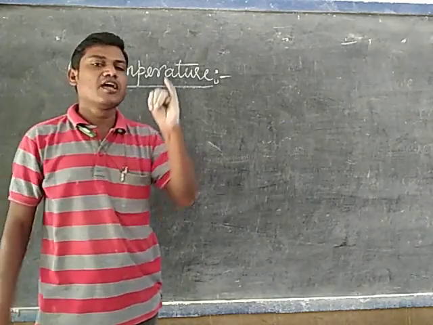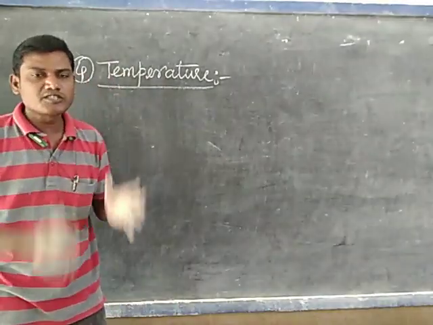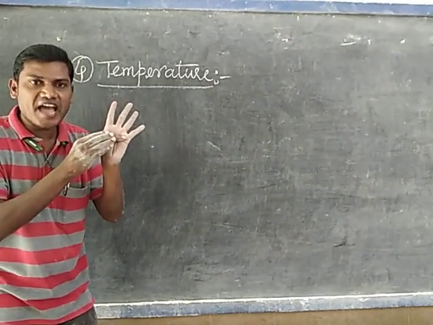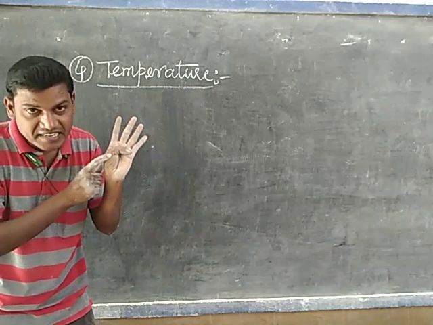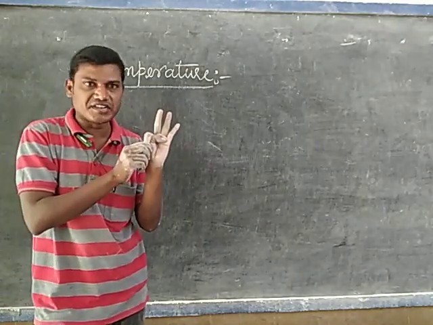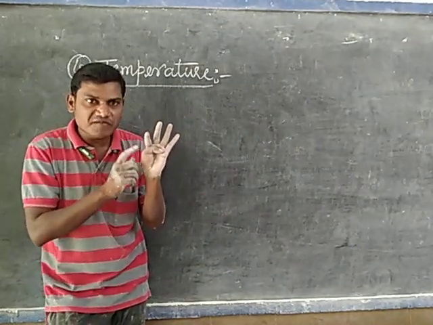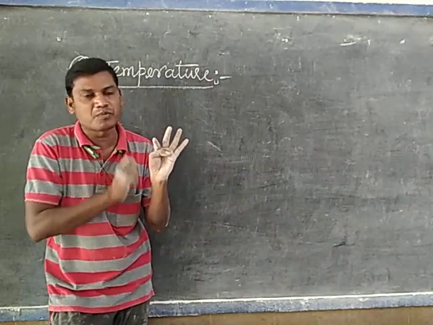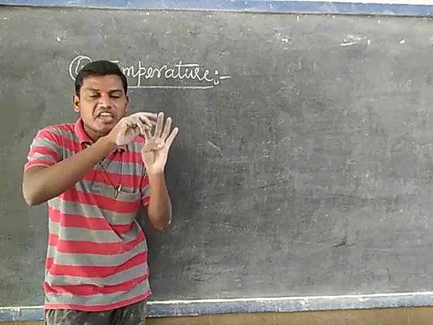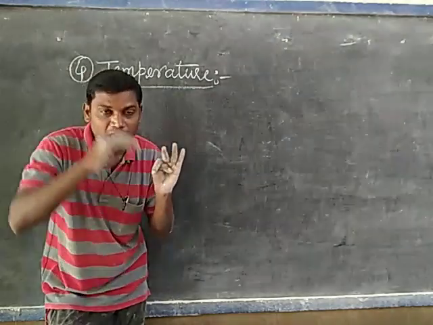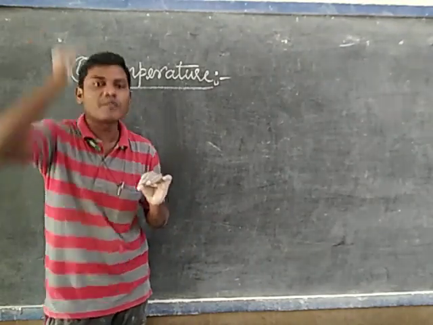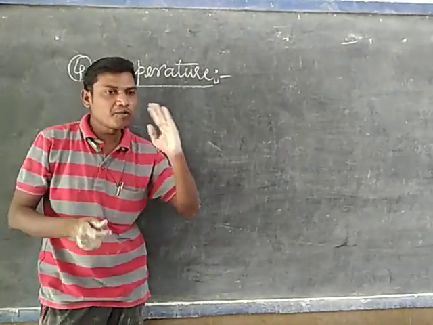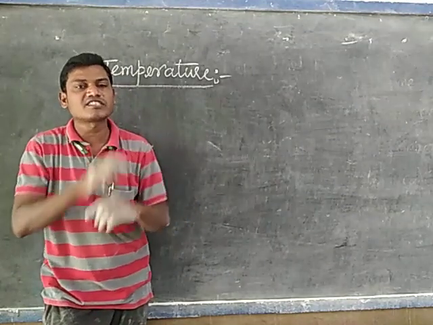Fourth is temperature. Simply, if surface area increases, evaporation also increases. If surface area decreases, evaporation also decreases. So surface area and evaporation are directly proportional. Second, if humidity increases, evaporation decreases. If humidity decreases, evaporation increases. So humidity and evaporation are inversely proportional.